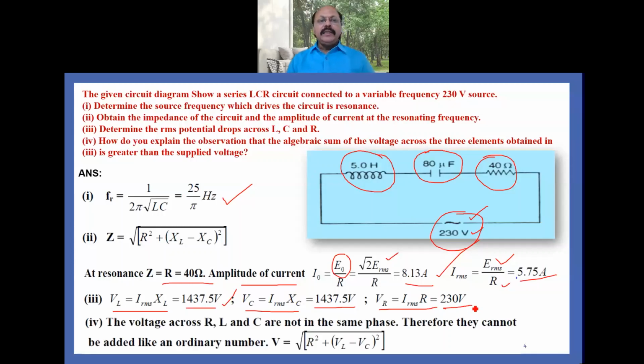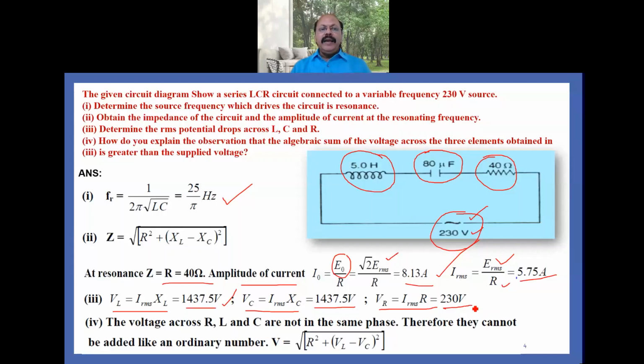Now the fourth part is saying: how do you explain the observation that the algebraic sum of voltage across the three elements obtained in part 3 is greater than the supplied voltage? The voltages across R, L and C are not in the same phase.